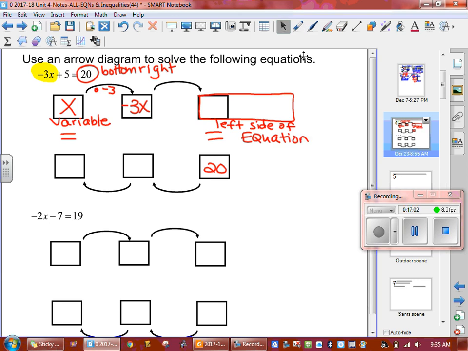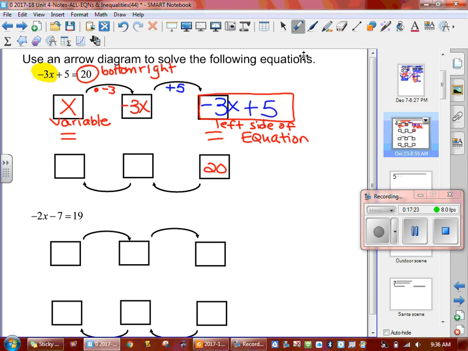Then what happened? What do we see sitting next to the negative 3 and the x? A plus 5. So they added 5. So we're going to put plus 5. So now we've got negative 3x plus 5. There's our equation. The next step, I'll let you get caught up.